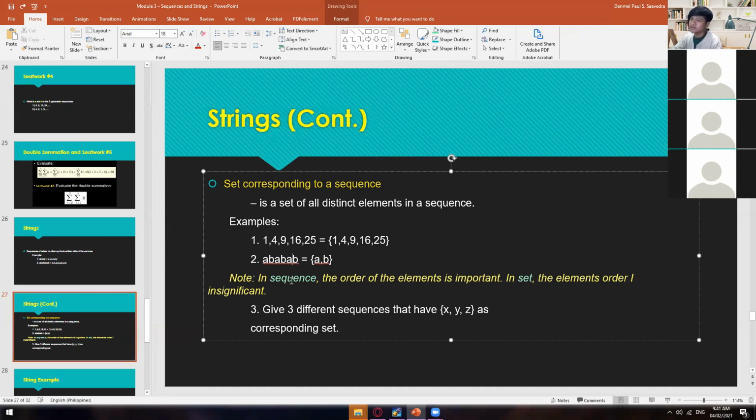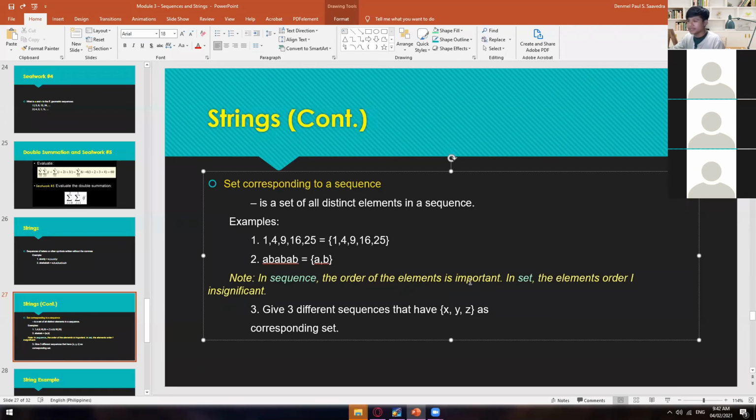Just take note that in a sequence, the order of the elements is important. So in here you cannot shuffle this one. But in a set, of course, you can shuffle it: 25, 4, 9, 1, 16, regardless of the arrangement. But for a sequence, whatever is the first one should stay as it is. Don't put the second term on the first term, or the last term on the first term.